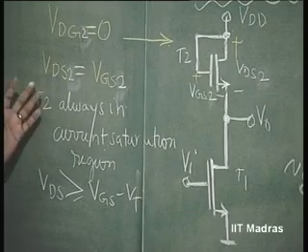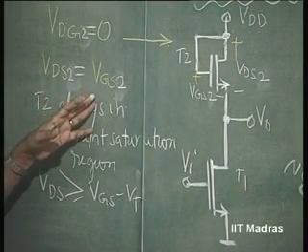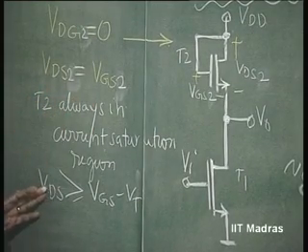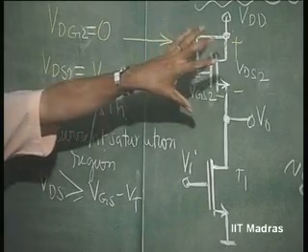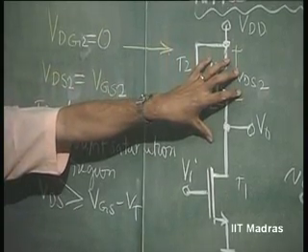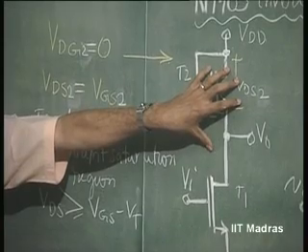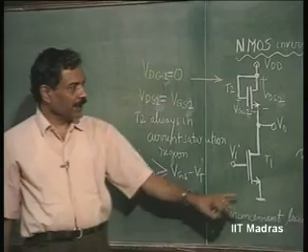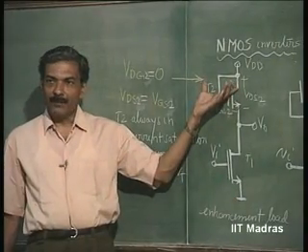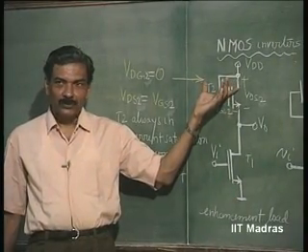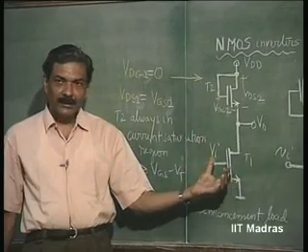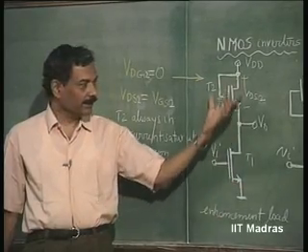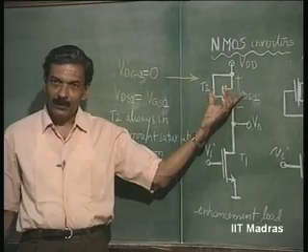Here VDS is always equal to VGS, and therefore, we have this transistor always remaining in current saturation region. So, this is what is called an enhancement type of load. For this MOSFET, this is an enhancement type of load.